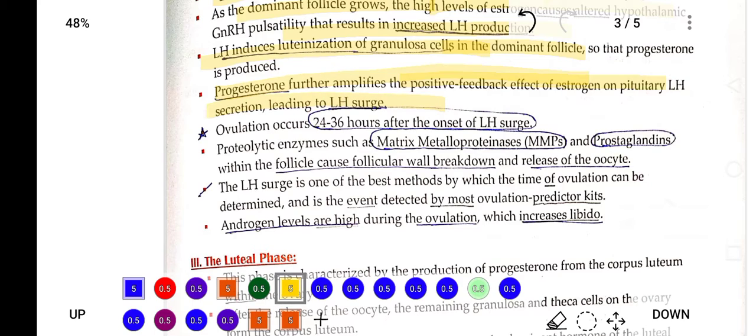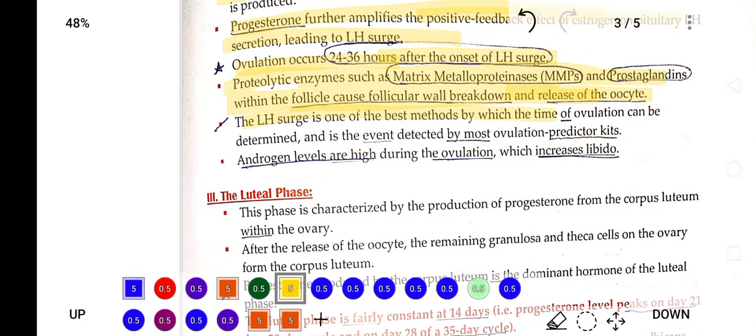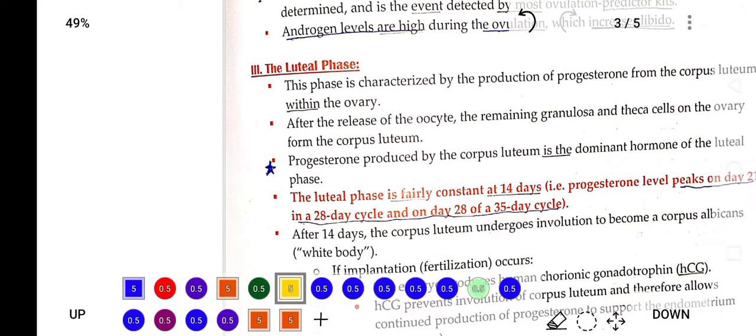When the LH surge occurs, ovulation occurs 24 to 36 hours after the onset of the surge. Proteolytic enzymes such as matrix metalloproteinases and progesterone within the follicle cause follicular wall breakdown and release of the oocyte. The LH surge is one of the best methods of determining the time of ovulation.